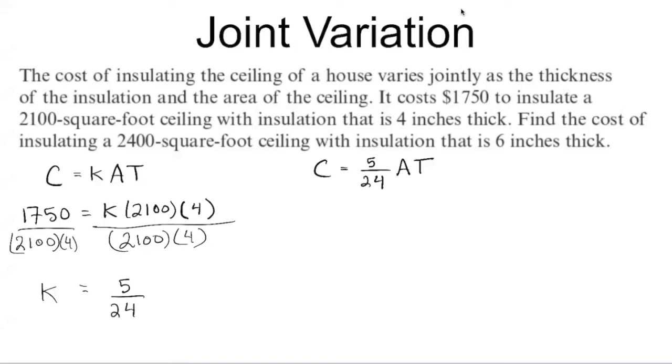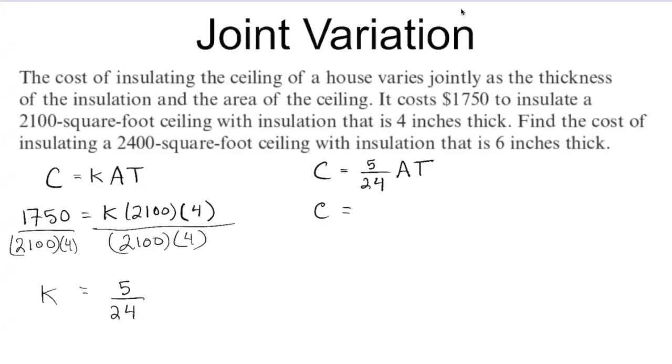So now it wants to know to find what it will cost to insulate a 2,400 square foot ceiling with 6 foot thick insulation. So the cost is going to be 5/24 times 2,400 times 6.